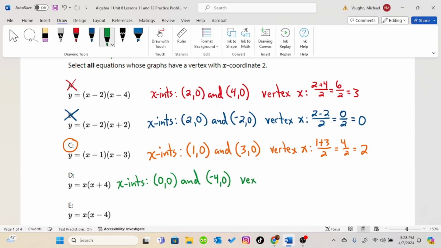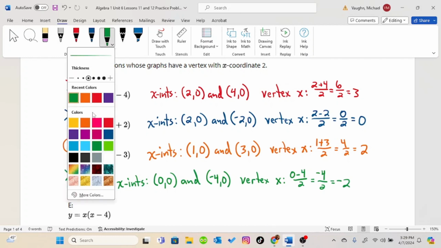The vertex x is halfway, which equals -2, but we don't want -2, we want +2. So D is wrong.